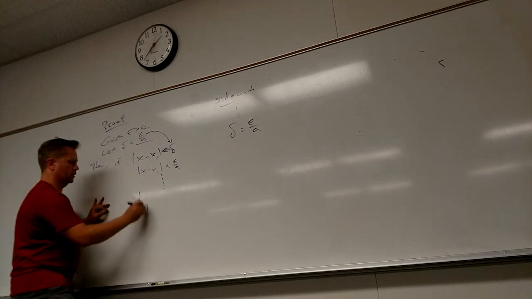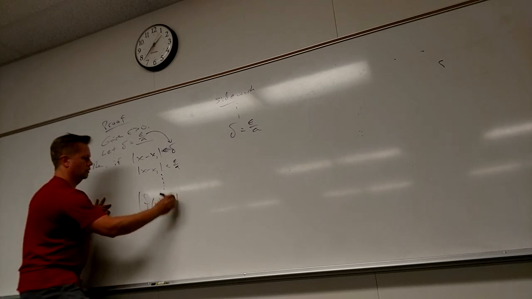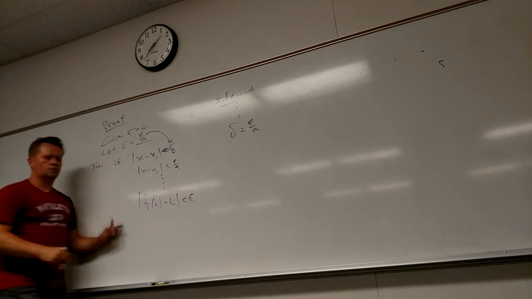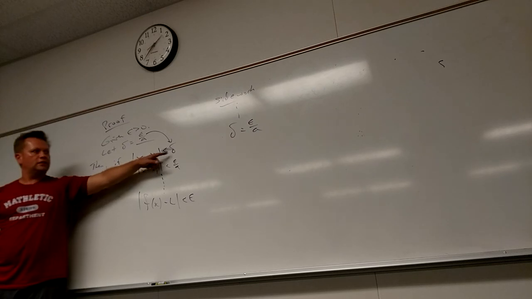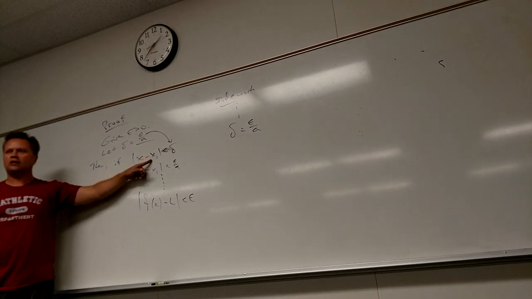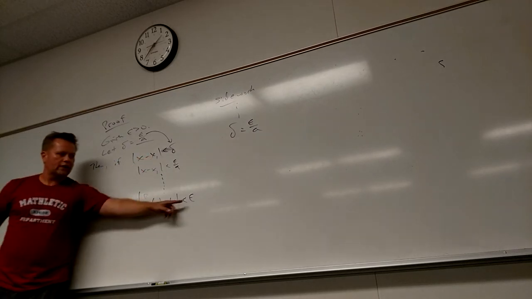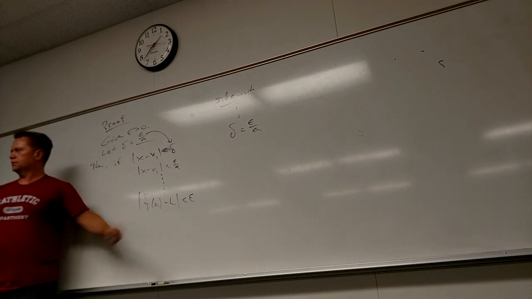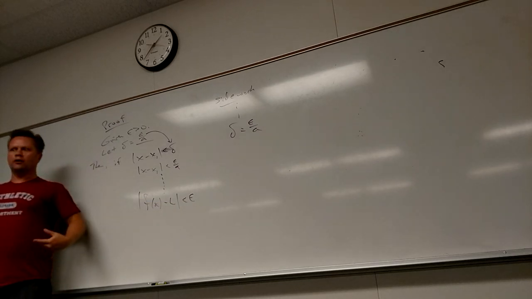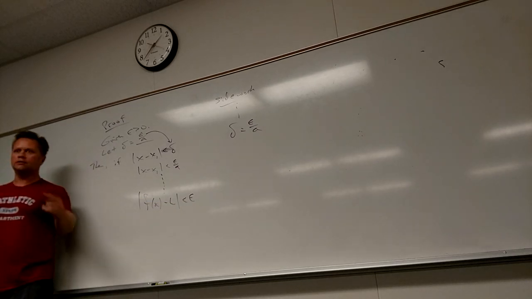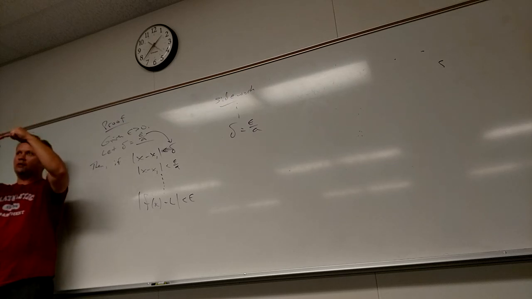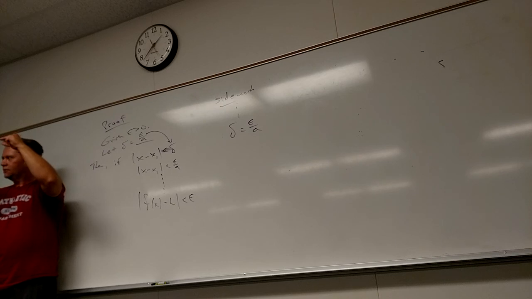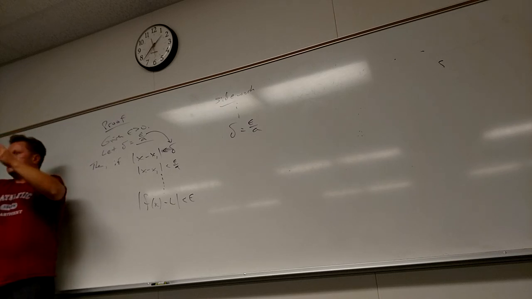And then you try to get to here. If I am this close to my x value, then my outputs have to be this close to the limit. If I can do that no matter what epsilon is, they can make it as close to the limit as they want to. I can always find something that keeps it that close. That's the proof that it's the limit.